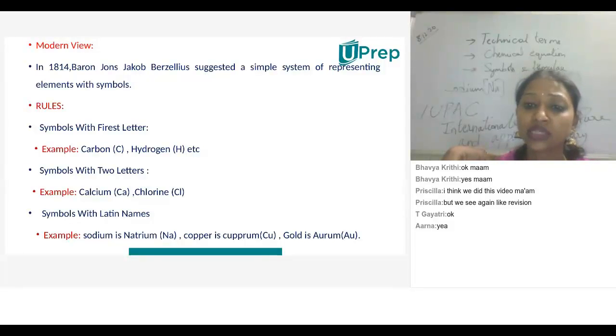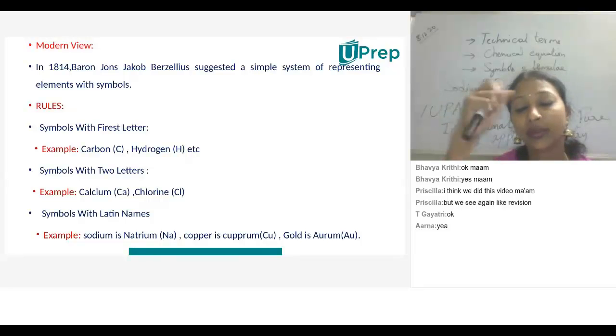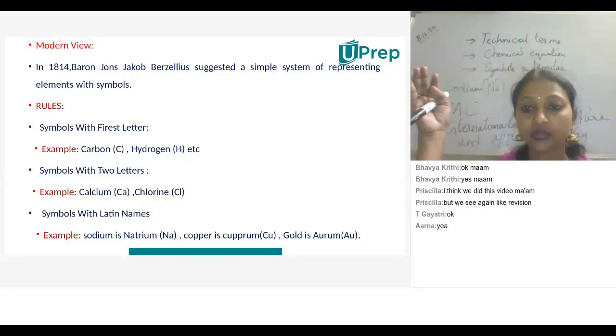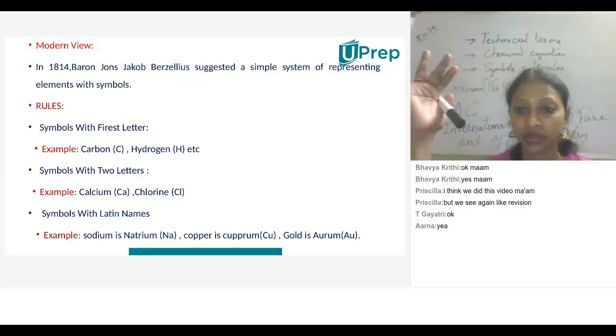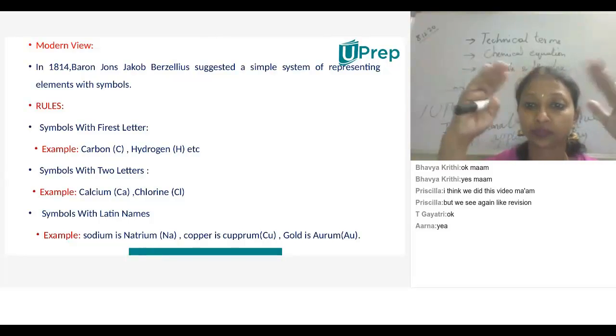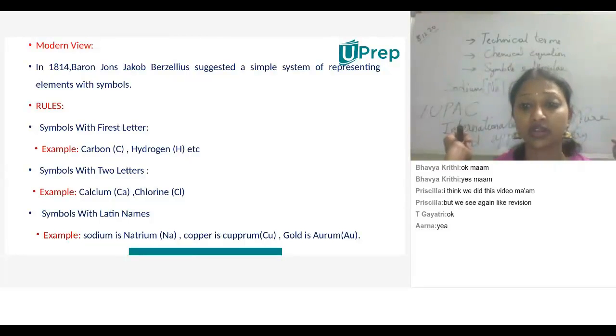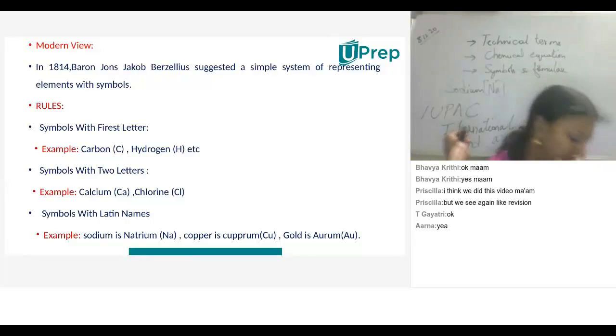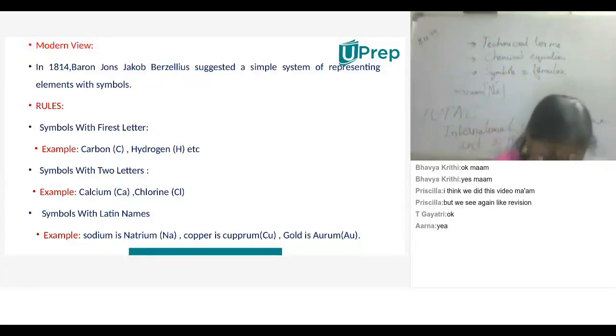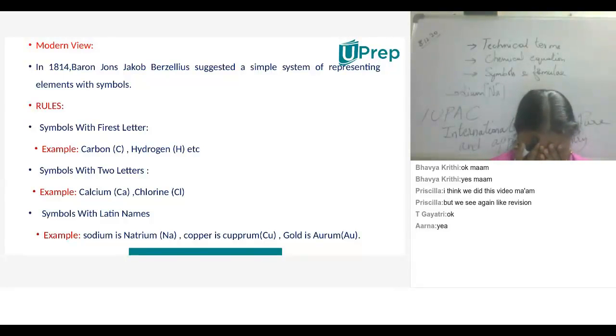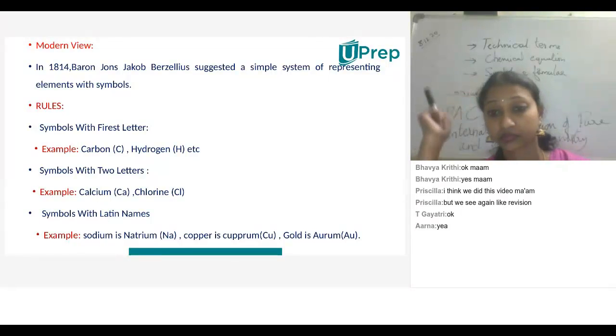When I'm writing hydrogen using the alphabet, the symbol is nothing but the first letter of hydrogen.